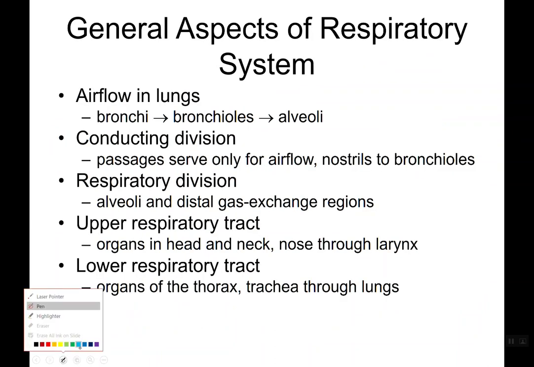So some general aspects of the respiratory system. You've got airflow that is designed to get air to your lungs. And within the lungs, you have bronchi. These are the largest tubes. Bronchioles, which are smaller. And finally, alveoli. These are dead-ended small sacs.